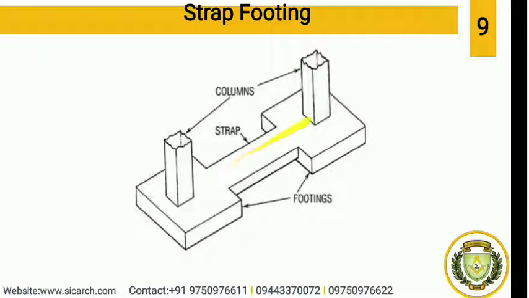The beam which is used to connect these two bases is called a strap. This kind of strap footing may be used where the distance between the columns is greater, or where we cannot give a trapezoidal footing or a combined footing.